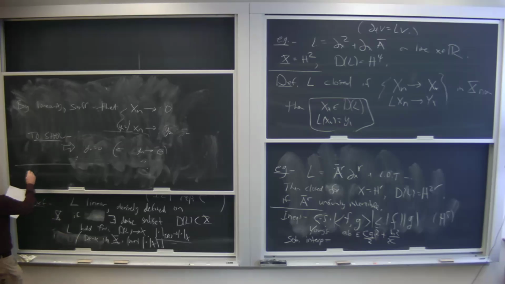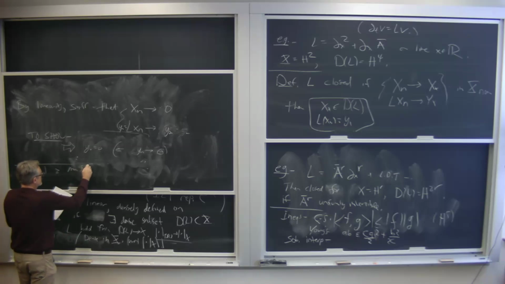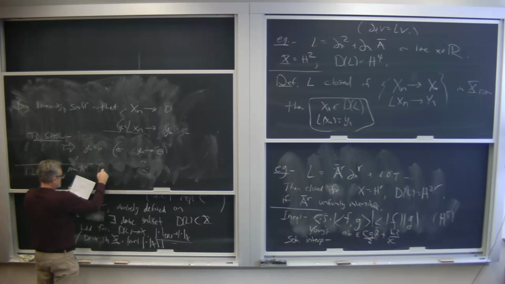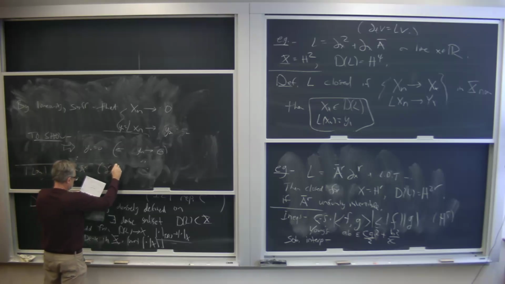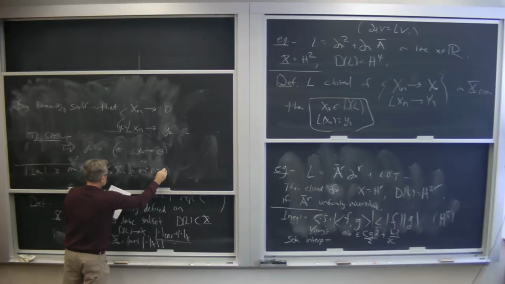And what I just want to use is that LXN is bigger than or equal to the min of A bar times the norm of dr xn in L2 plus lower order terms.